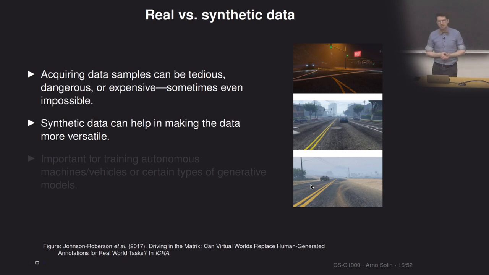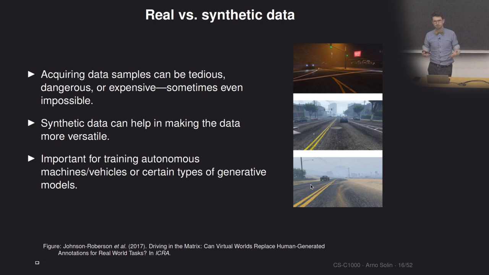So that's why in some cases it can be good to use synthetic data. That can also help make data more versatile. Think of, for example, training autonomous vehicles, like a self-driving car. And it's fairly easy nowadays to make a good quality simulator of road traffic conditions under different weather conditions and so on.